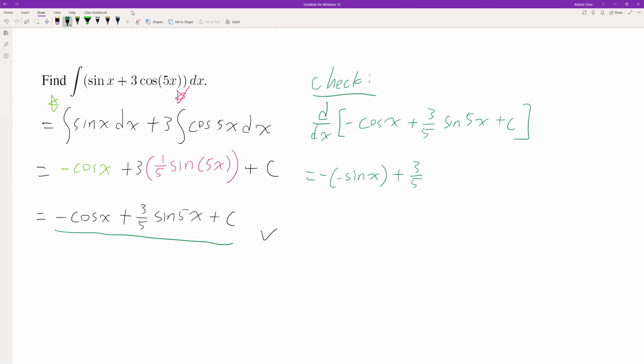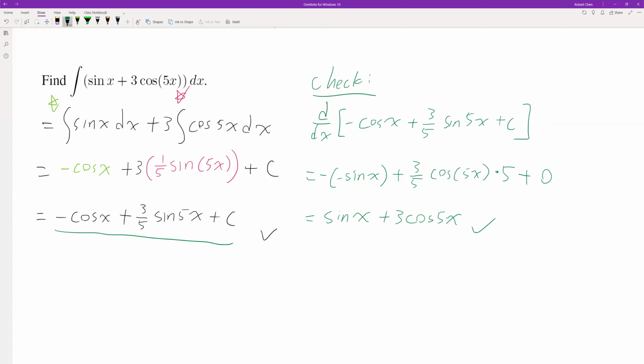The derivative of sine is cosine. And then since we have the 5x here, we have to multiply by an extra 5 at the end. And the derivative of a constant is 0, so I'm just going to put plus 0 here. So negative of negative sine is positive sine, and 3 over 5 times 5 is a 3, and the cosine 5x. And there you go, we get the same thing. Now check, and that is correct.